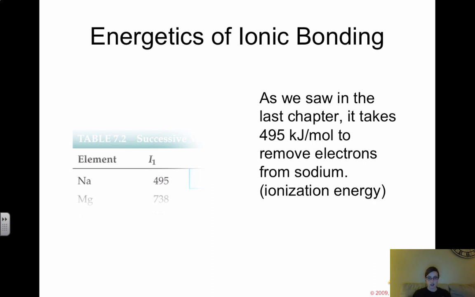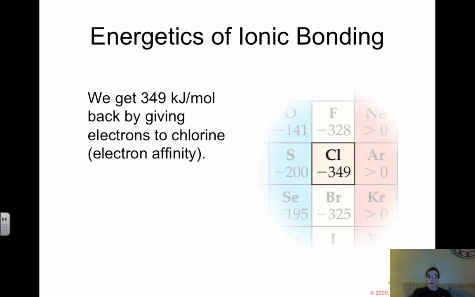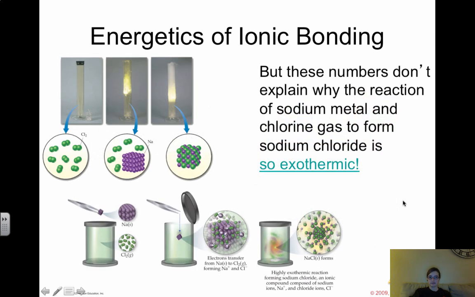Ionization energy is the energy required to remove an electron. This takes energy, so it is endothermic. But when we form an anion, that's the electron affinity, and typically that's exothermic. The energy is negative, that's exothermic, so we actually get energy back by creating the anion.